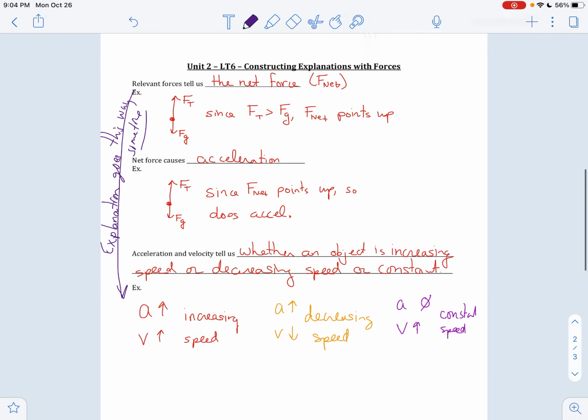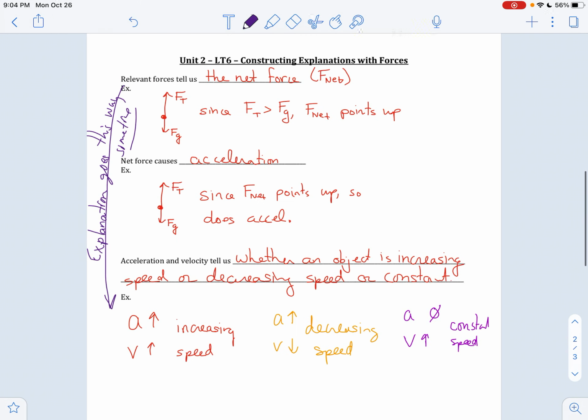Other times, you may be told something is slowing down and moving in a certain direction, and then the explanation is going to go this way. So it just depends. Usually if you're given something about the forces, if you can figure out the specific forces, you're going to go this way. If you're told, or you can figure out, what direction it's going, and if it's speeding up or slowing down, it's going to go this way.